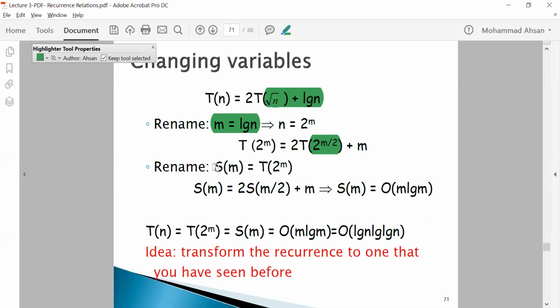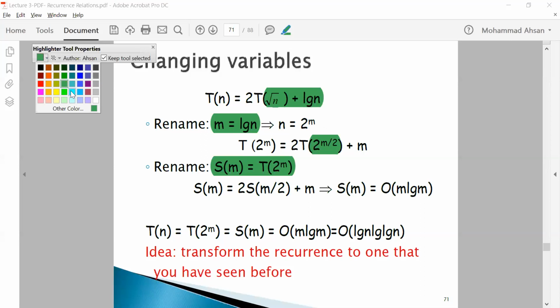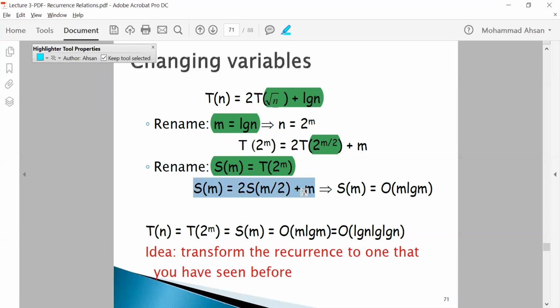So we say let Sm is equal to t to the power 2m. If Sm is equal to t to the power 2m, what will be t to the power 2m by 2? It will be Sm by 2. And we land up with this equation here.